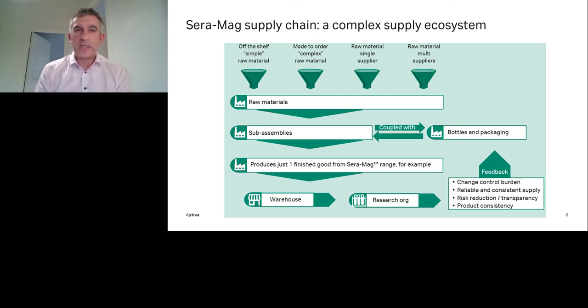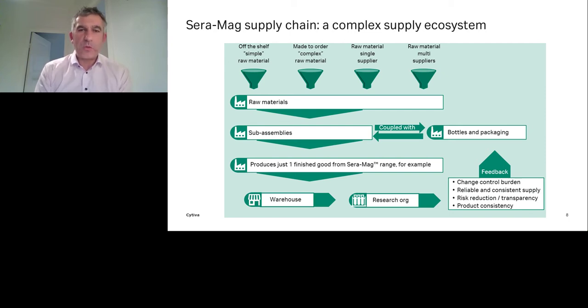So this raw material ecosystem is complicated and requires different types of material management to secure supply. The raw materials are taken in, sub-assemblies or semi-finished goods are produced, and then the semi-finished goods are bottled and packaged and then distributed to our customers.